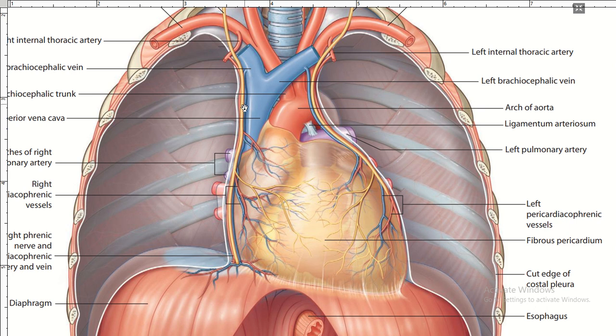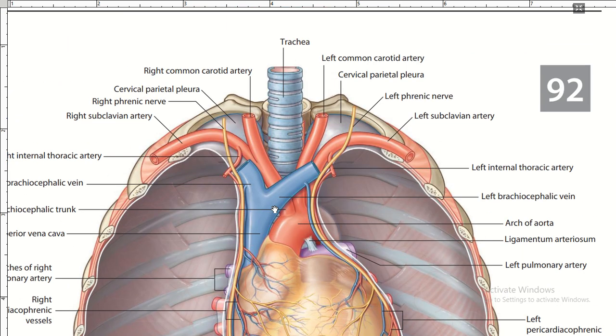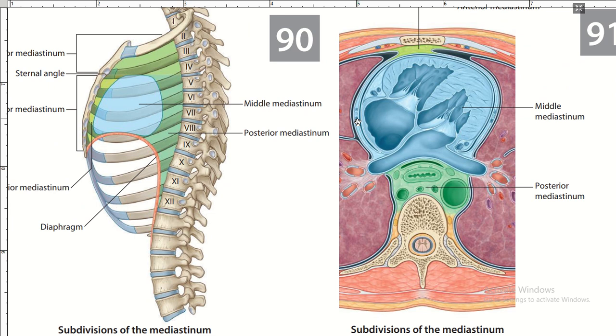You're going to have the right and left phrenic nerves within your pericardium. You can see these ones here. These are your phrenic nerves.